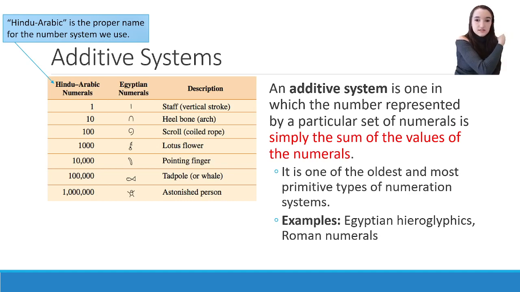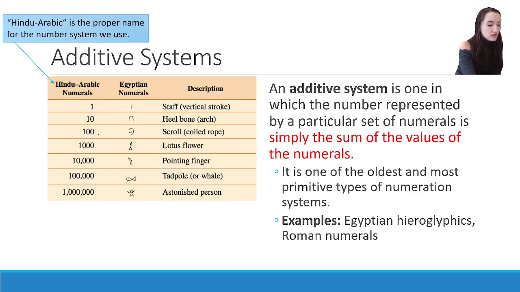So on the left we can see the Egyptian hieroglyphic number system. Looking at Hindu-Arabic numerals, being the ones that we use in our number system today, you can say that 1 is represented by a hieroglyph of a staff. 10 is a hieroglyph of a heel bone, 100 a scroll, and so on.